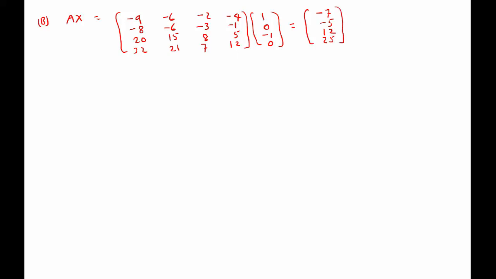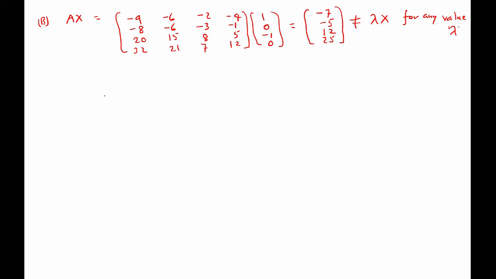So now what is lambda x? Here no number is common in all the 4 elements. So we cannot express this as lambda into x. So this is not equal to lambda into x for any value lambda. Okay. That means if you take lambda as any number, that number into this x, you never get this minus 7, minus 5, 12, 25.